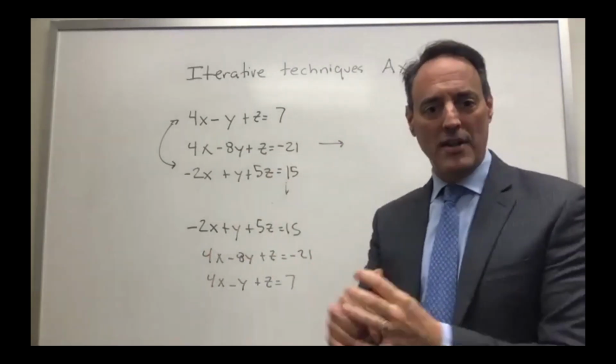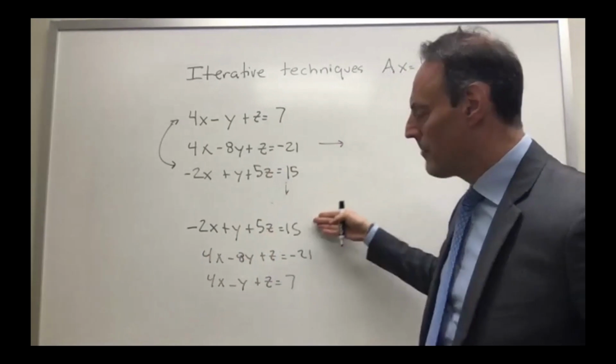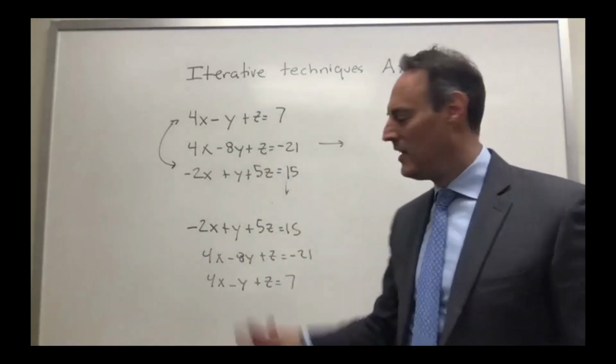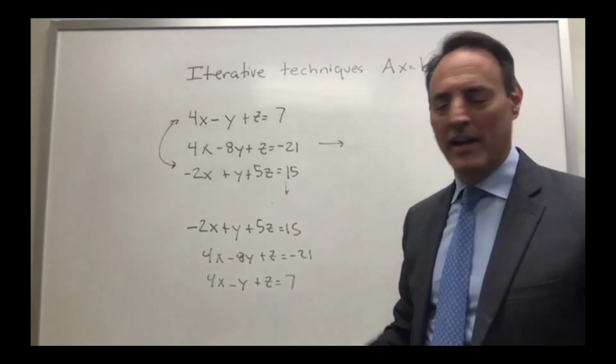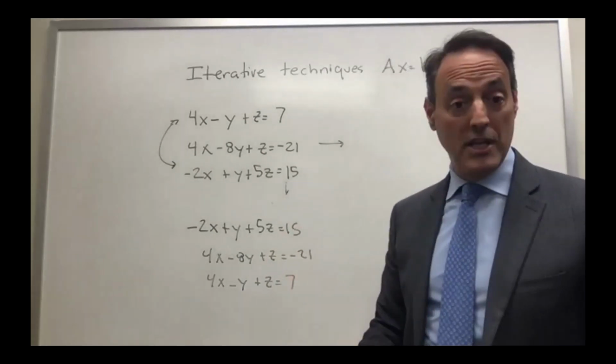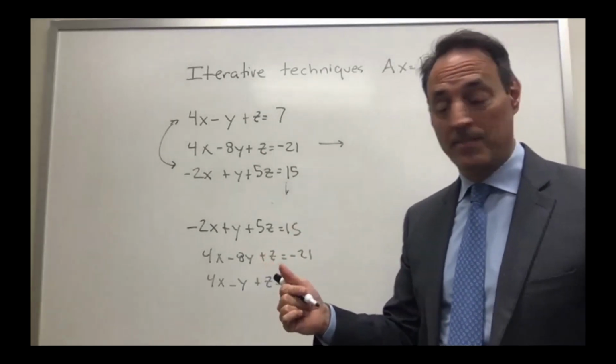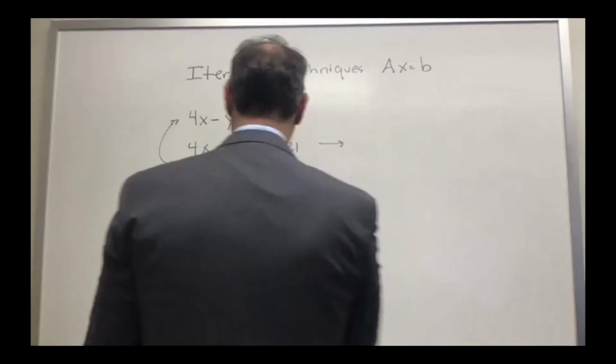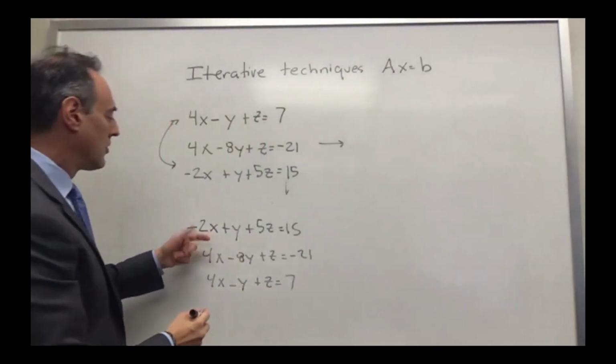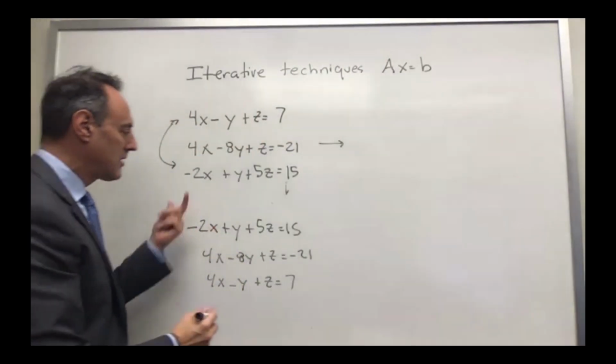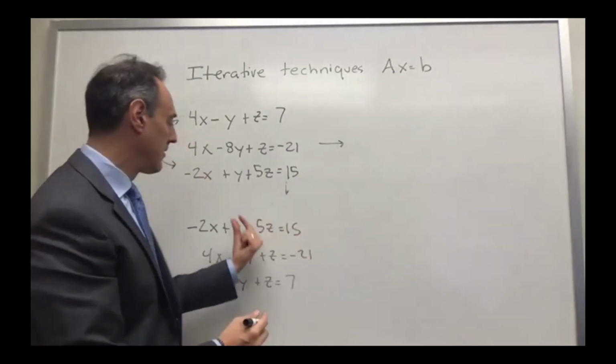All right, but let's try this trick again now. From the first equation, solve for x. From the second equation, solve for y. From the third equation, solve for z, then make an iteration scheme. So from the first equation, I'm solving for x. This is minus 2x, so I'm going to take the minus 2x over here. It'll be plus 2x, bring the 15 over.